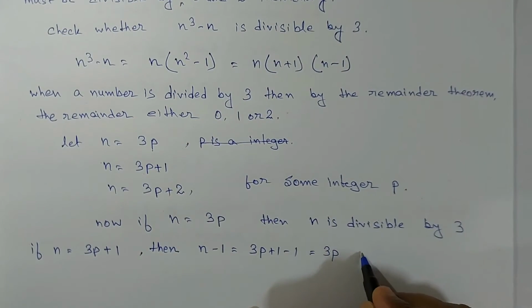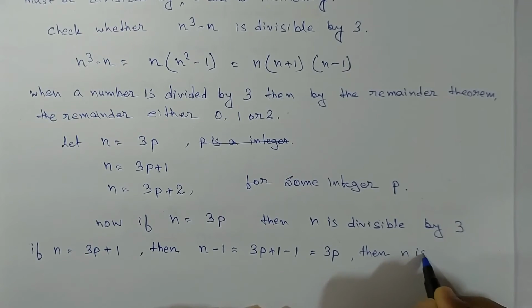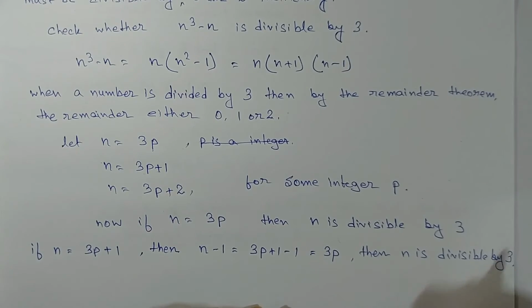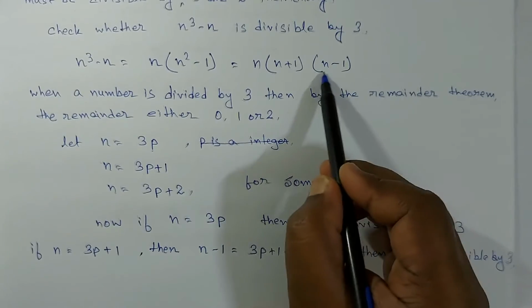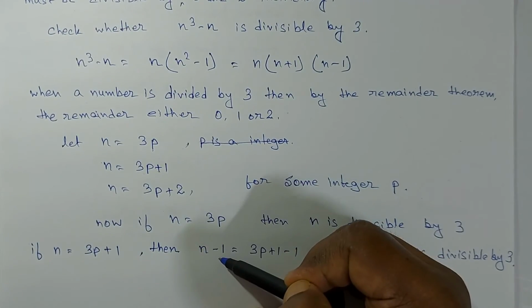Then n minus 1 is divisible by 3. Now the question arises, why n minus 1? See here, n minus 1 is a term I have got already, okay? That's why n minus 1.